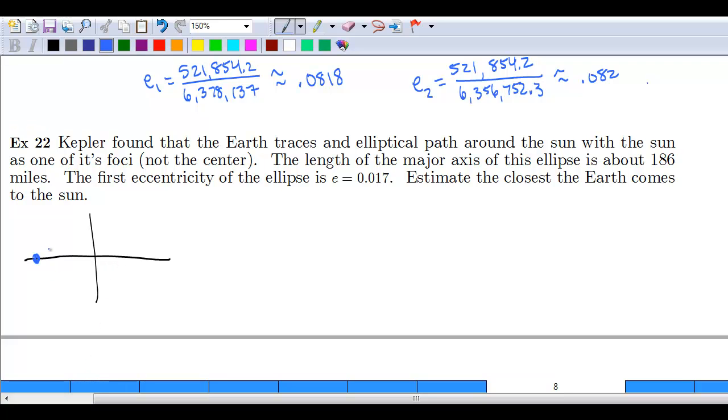And we know that the Earth makes this elliptical orbit. It's close to being circular, but not quite. And so the Earth would be over here at another point, and the distance from here to here is 186 million miles. So that means that our A, in this case, would be half of that.